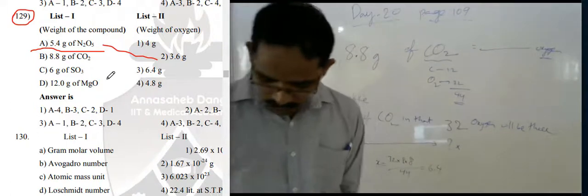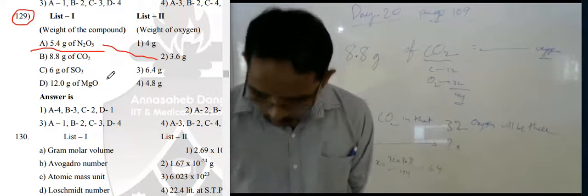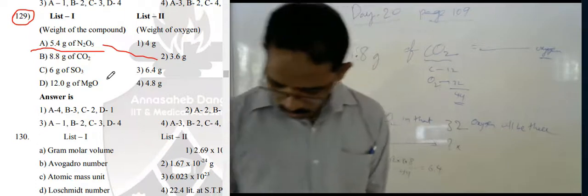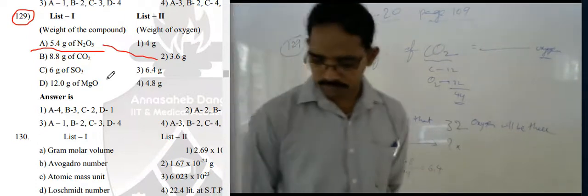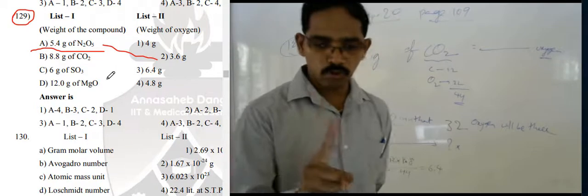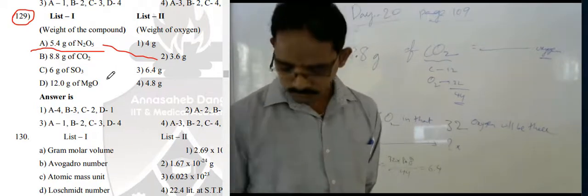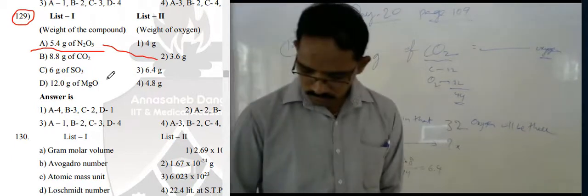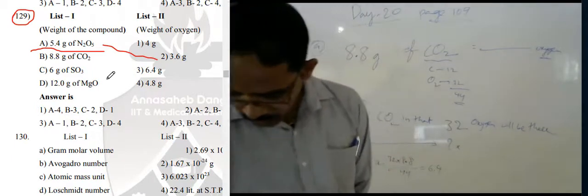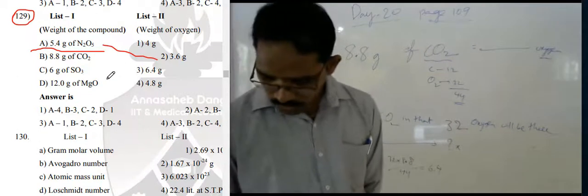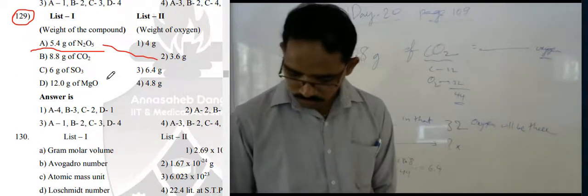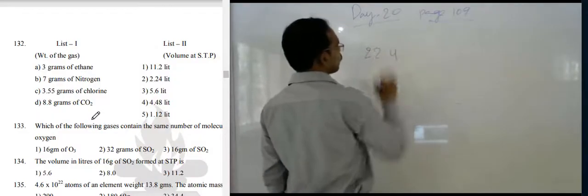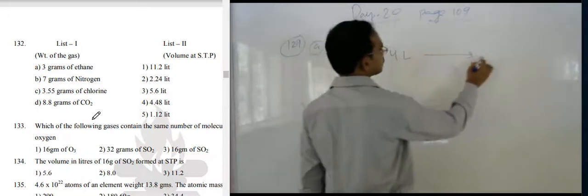Then in case of 130, gram molar volume. Gram molar volume means 22.4 liter. That means 1 mole occupying volume. Avogadro number, you know that, 6 into 10 power 23. Atomic mass unit, 1.6 into 10 power minus 24. So we know that in the 22.4 liters, how many particles are there?